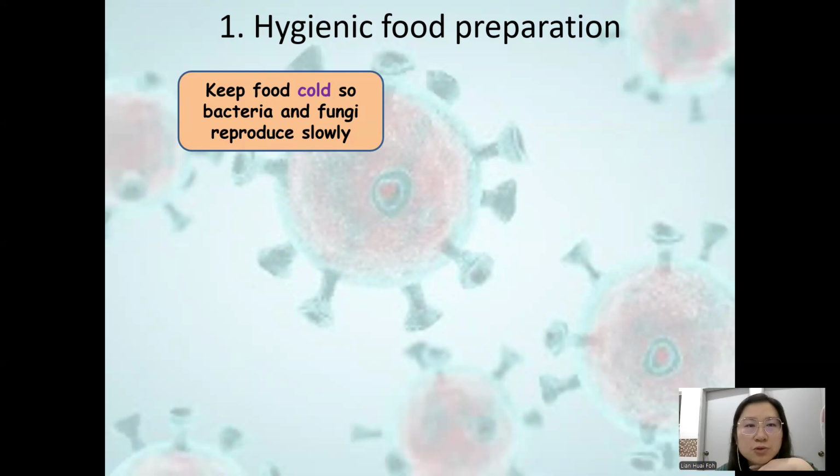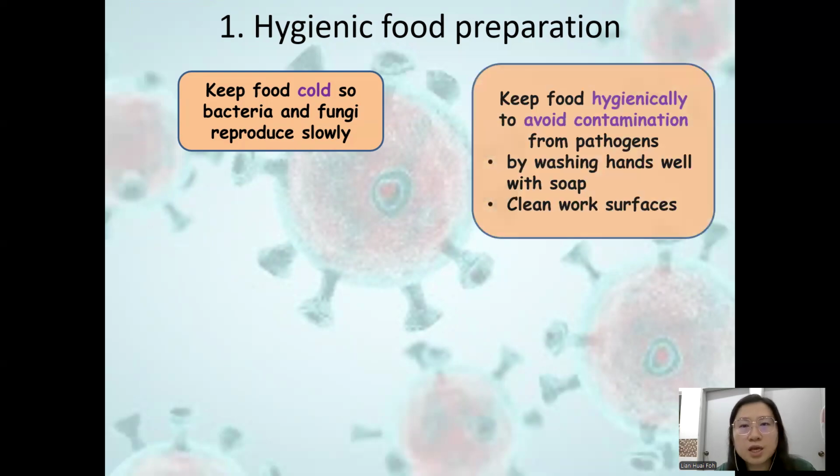You can keep the food cold, in the fridge or freezer, so that we slow down the growth of bacteria. Avoid contamination. For example, when you prepare the food, do it on a clean work surface. Wash your hands first before you work on the food, and cover up the food as you prepare the dishes.